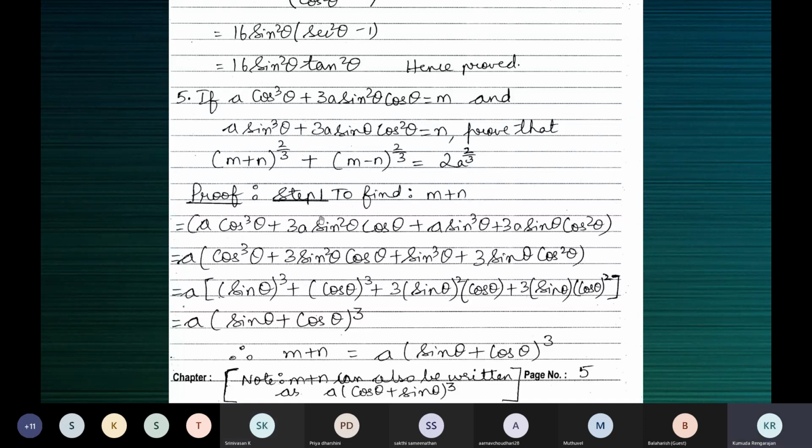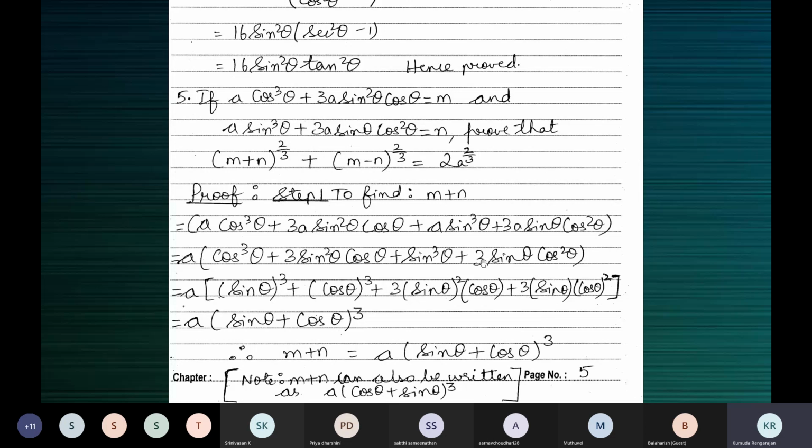So when you take only this part of the LHS, m plus n, and substitute m and n, you can see you have 4 terms because m has 2 terms and n has 2 terms. Every term has a in it, so bring out a. Then you have these 4 terms in the bracket. You can see the 3, 3.